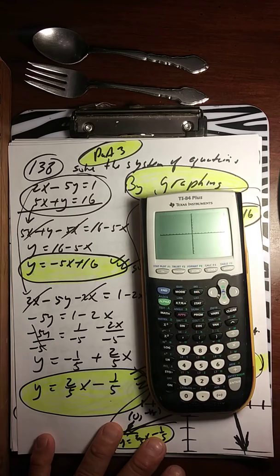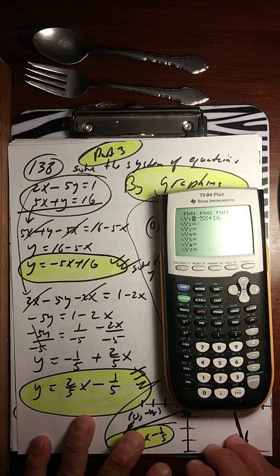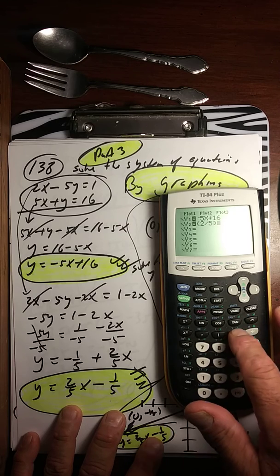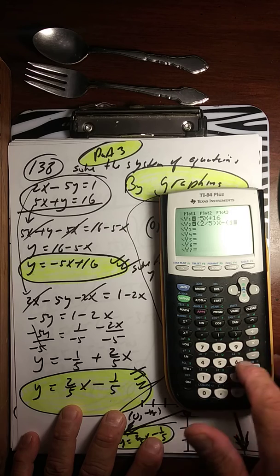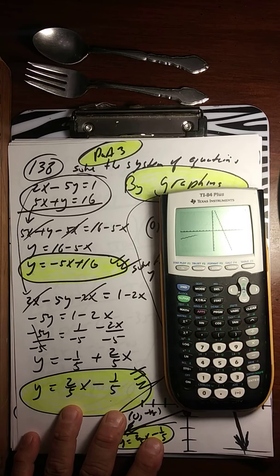Yep, hit graph. There's a line. Now this one, second one, we're going to have 2 divided by 5 x minus parentheses 1 divided by 5, close it, and hit graph.